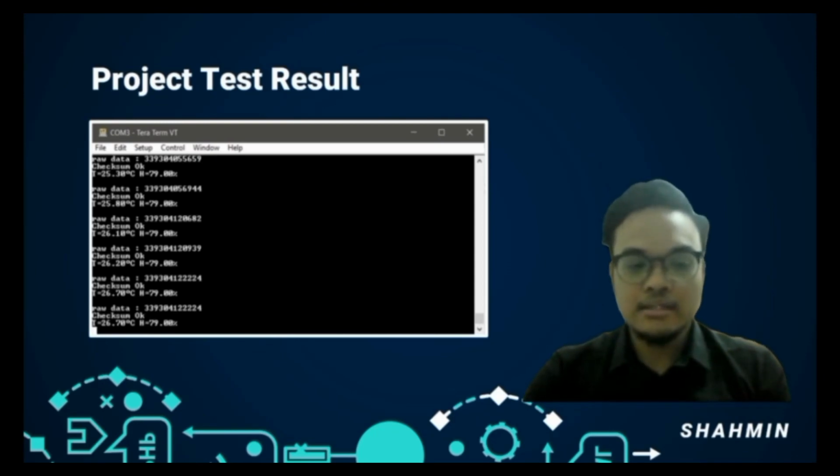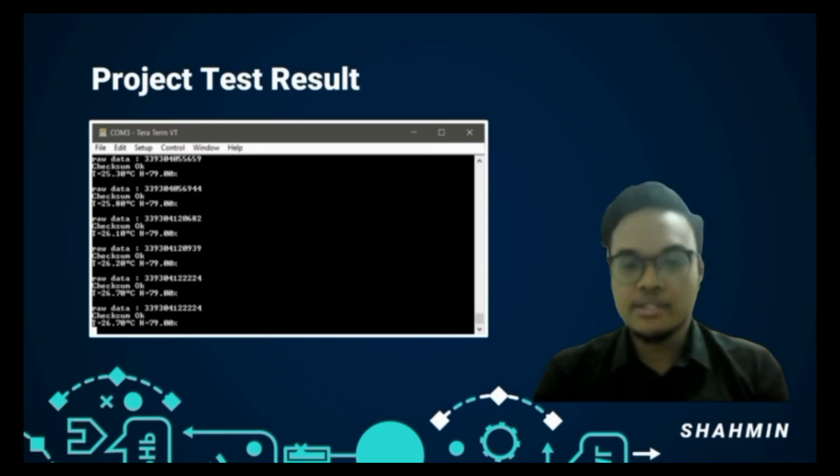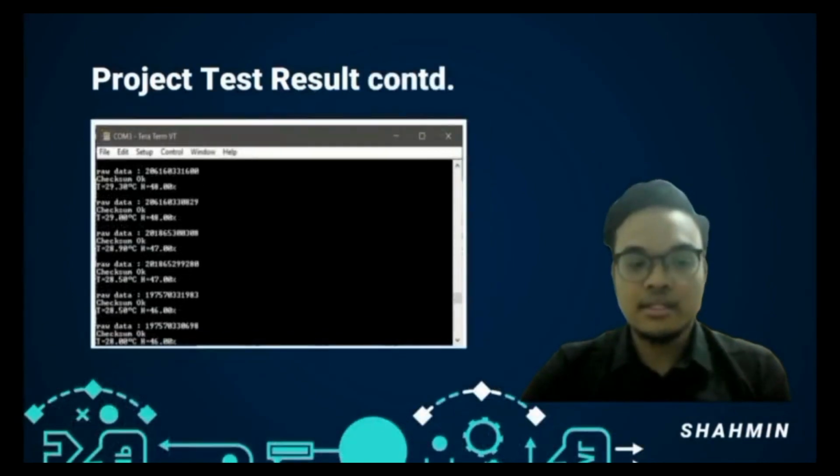If you can see, the final temperature right there is 26.7, at which the fan will power up to 70% of power, and this one is 28, which is 100% of power.